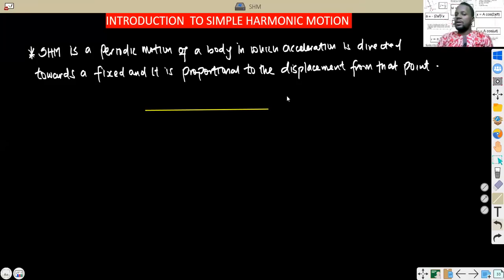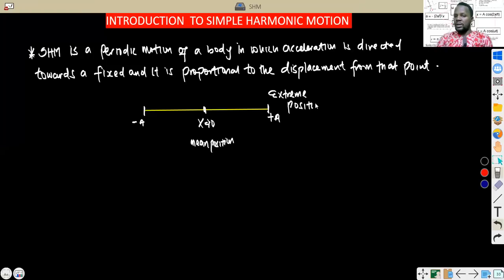So this is a body, having its mean position at x equals 0. The particle moves to the maximum position, which we call plus A, the positive amplitude, and at another time it comes to this position, which we call negative A. The point from which the motion starts is called the mean position, which you might have studied in early classes, whereas the other two positions at the ends of the oscillation are called the extreme positions, or maximum positions, anyhow you want to call it.